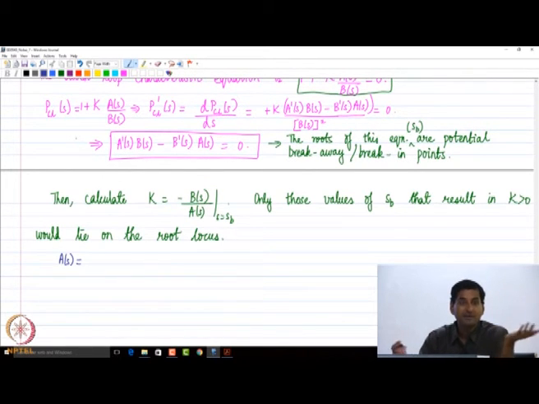You can have arbitrary other roots which do not satisfy our conditions, because it gives you in general points where you can have multiple roots for the given polynomial. But considering our case, we are checking for only those scenarios where k is greater than 0.